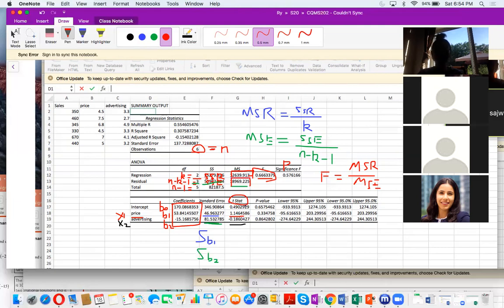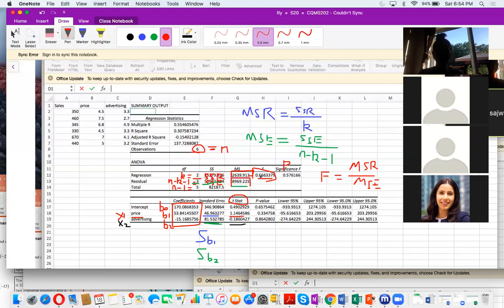The F test statistic tests the overall model, and the T test statistic tests an individual variable. The T test statistic in this case tests price and tests advertising.